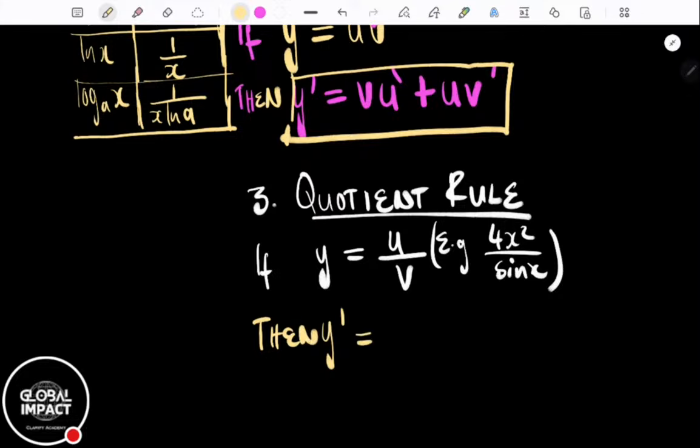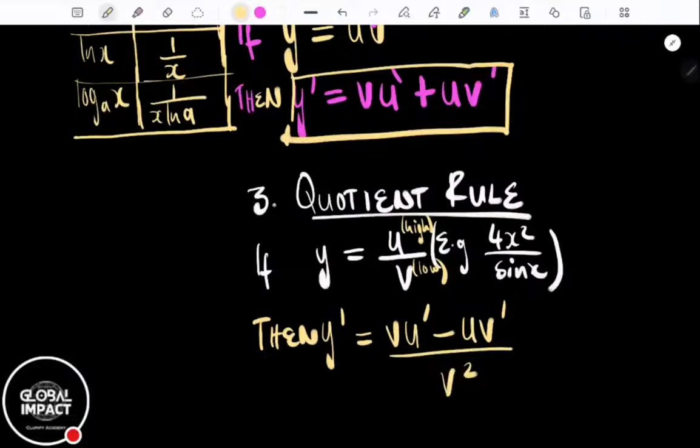What you must know is that when we're doing quotient rule, we use a mnemonic. The u is the high, then v is the low. When you are differentiating fractions, we say this: low d high, which is v times the derivative of the top, because high is the top, so vu prime, minus high, which is u, d low, the derivative of the bottom, all over square the bottom, so over v squared.